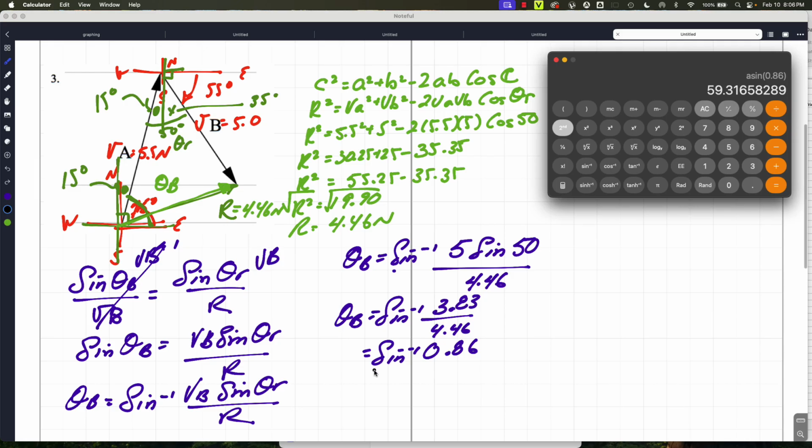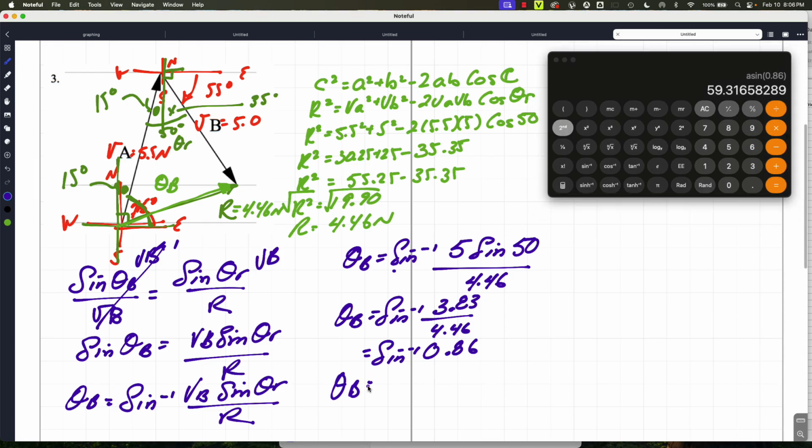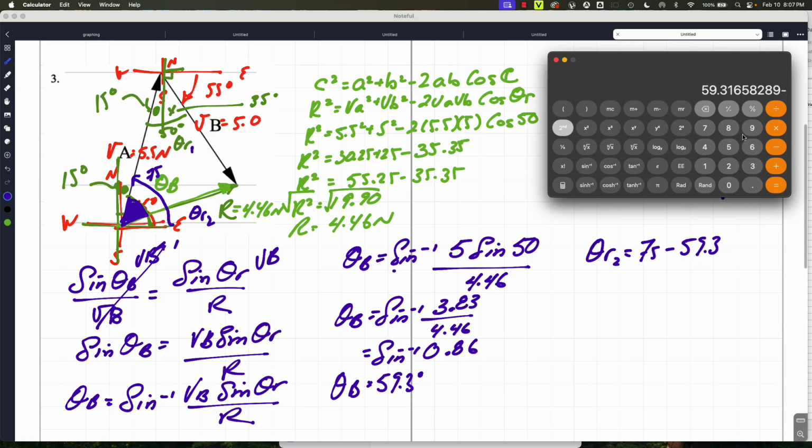Arc sine 0.86 gives us the angle theta B is 59.3 degrees. 59.3 degrees is this angle here. As measured earlier, angle A was 75. Therefore, theta R2, we'll call this one theta R2 to differentiate it from theta R1 here, is equal to 75 minus 59.3 minus 75.